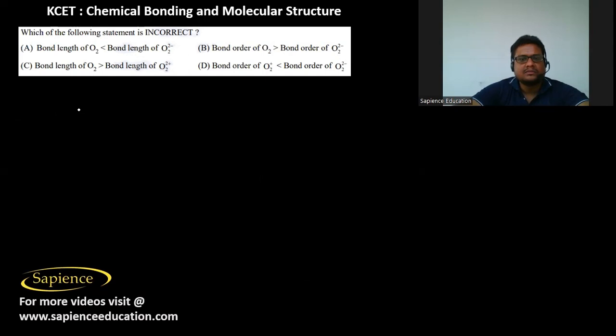Now, if we write the molecular electronic configuration of O2 2 minus, it has got 18 electrons.